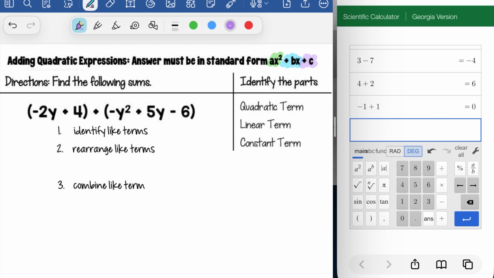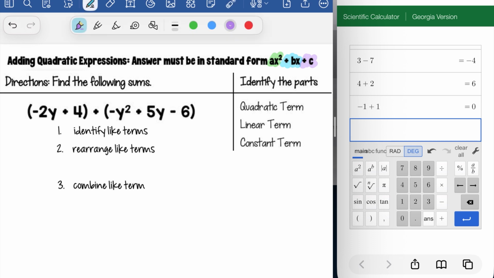So our last example says negative 2y plus 4, and I'm going to add it to negative y squared plus 5y minus 6. So again, we're going to identify our like terms. In my first one, I only have two terms. Those two terms are known as a binomial because it's only two. I don't have an ax squared. All I have is a bx because it does not have an exponent.